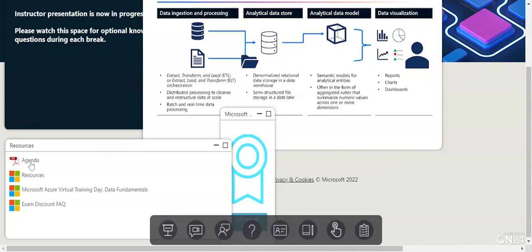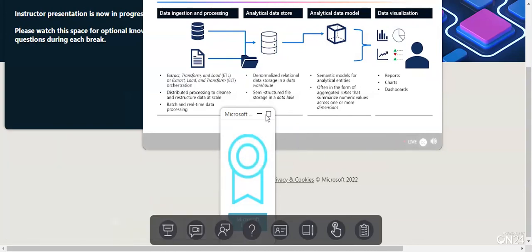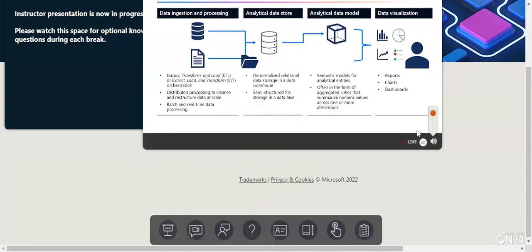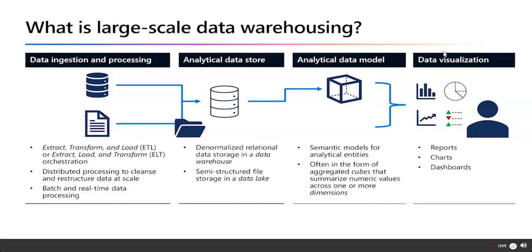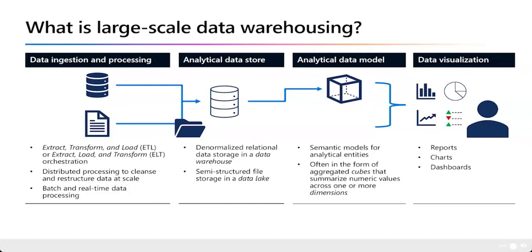Then is your analytical model. While data analysts and data scientists can work with the data directly in the analytical data store that we just talked about, it is common to create one or more data models that pre-aggregate the data so that it's easier to produce reports, dashboards, and interactive visualizations.